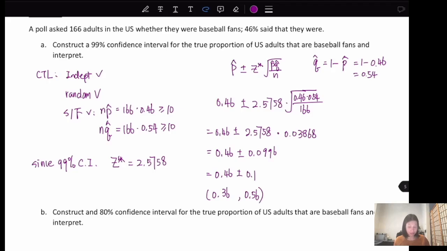So now we need to write a conclusion in sentences.